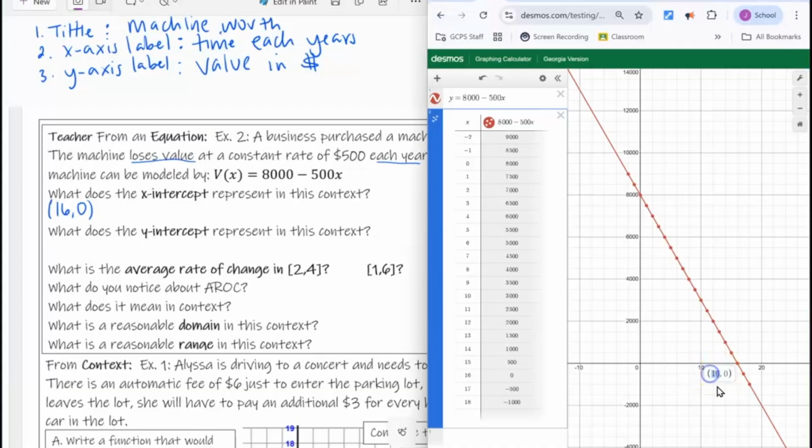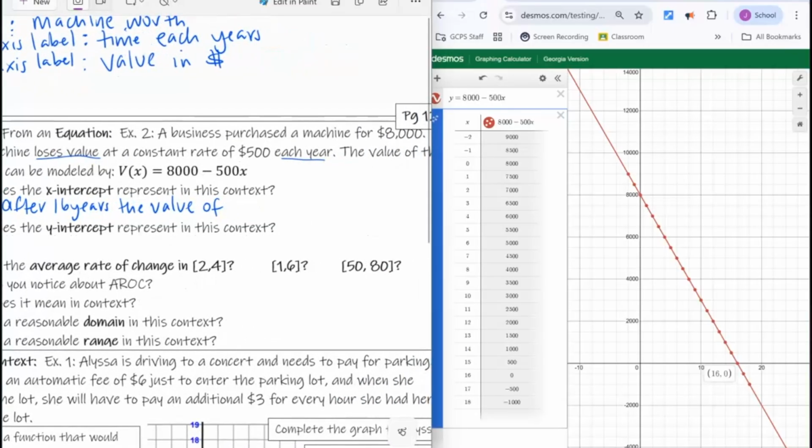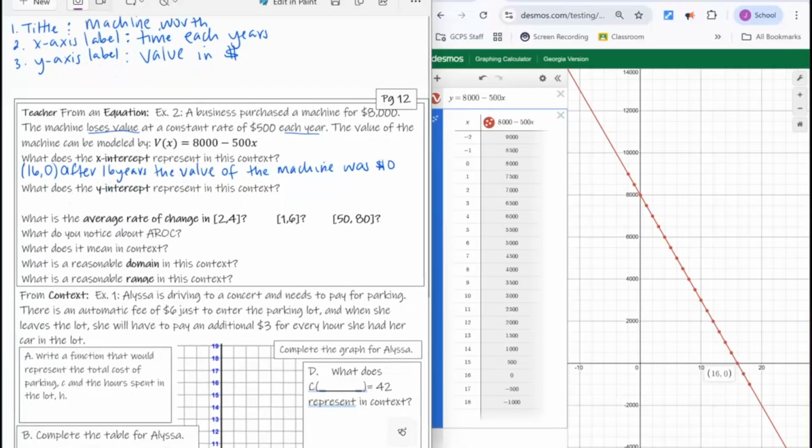After 16 years, the value of the machine was $0. All right, meaning basically I couldn't sell it. No one's going to buy it.